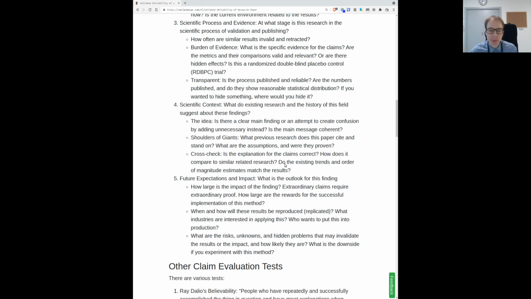Then it's transparency. Are the numbers that we are working with published? Is the code published? Can we reproduce this easily? Can we cross-check the numbers? Can we cross-check the statistical distributions? Is there something strange about the data?